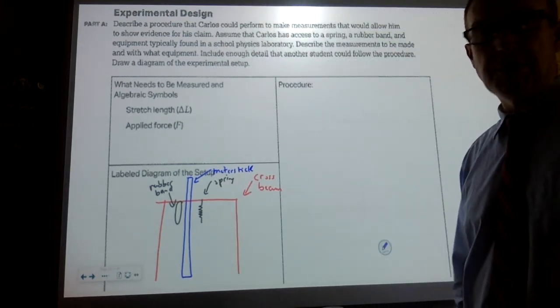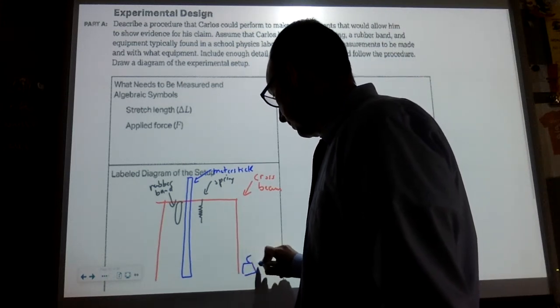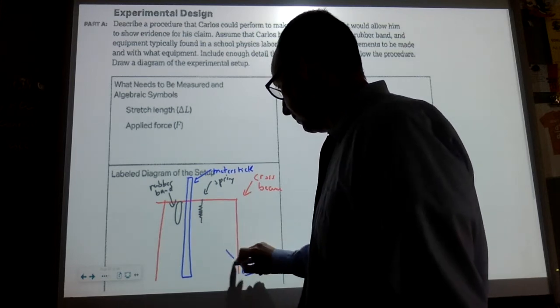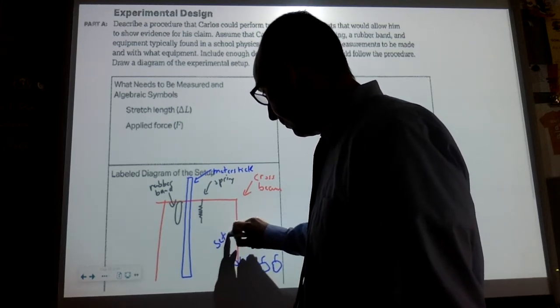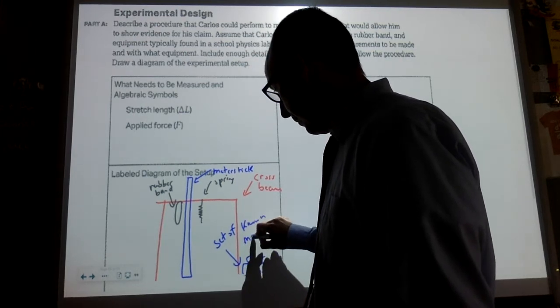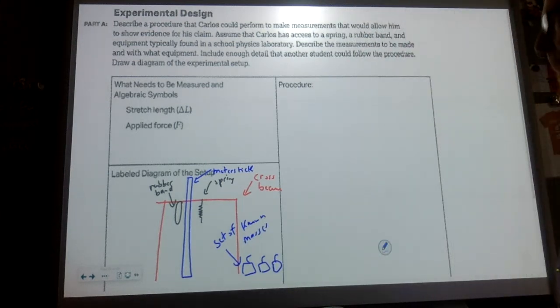And then I'm going to have a set of masses. So I think that's good for a labeled diagram.